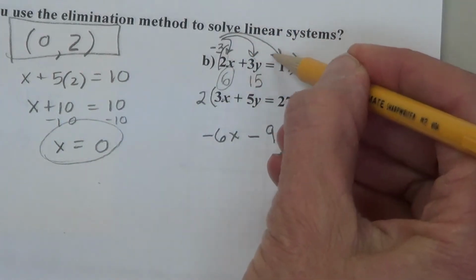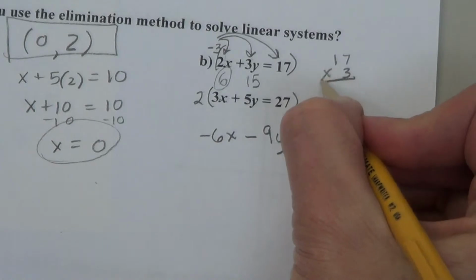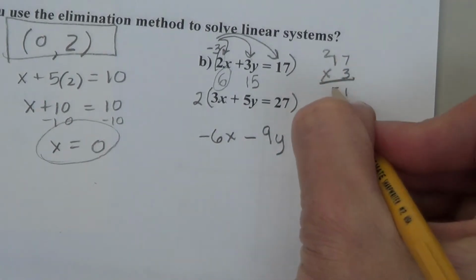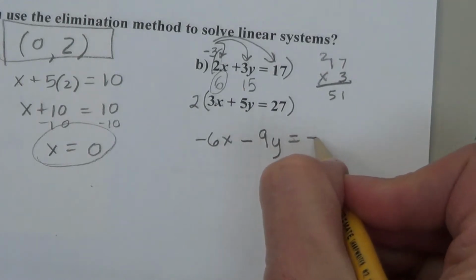-3 times 17, you might say, oh, I'm not sure on that. Just come over and multiply it. 3 times 17 is 51. So it is a -51.